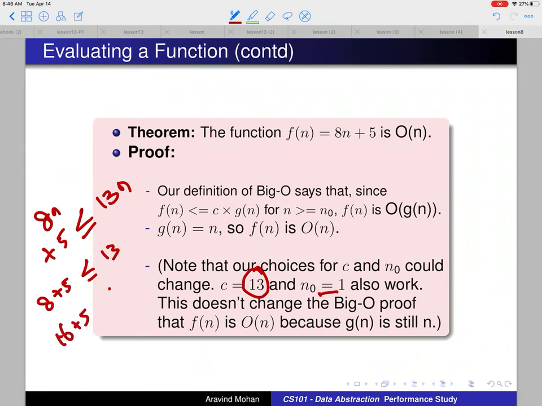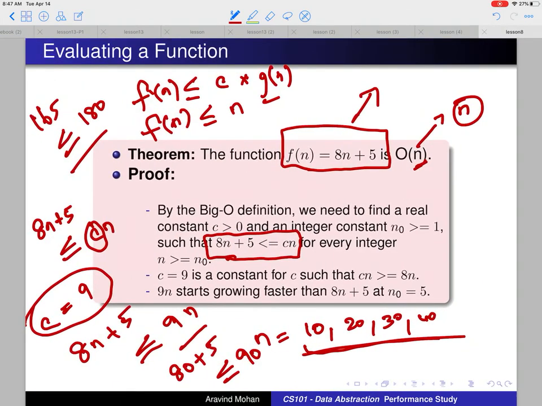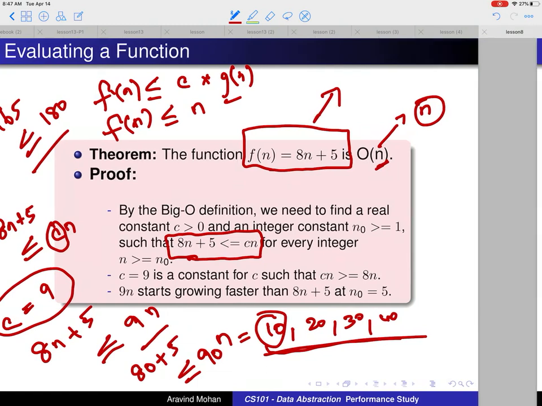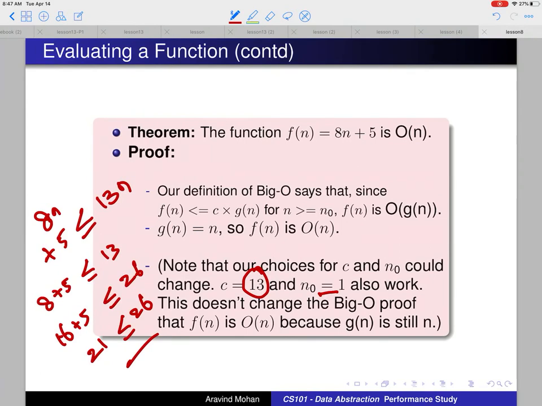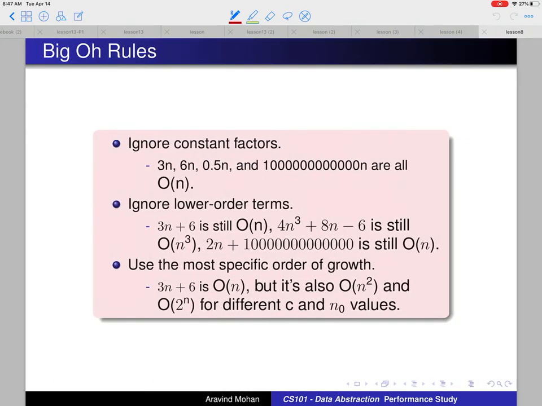And then if I substitute n as 2, then it will be 16 plus 5 is less than equal to 26, and that's proven as well, right? So we could simply choose a value for c and n naught, and we could do that substitution, right? In this case, we have chosen n naught as 10, but you could choose any value for c, and we need to prove that if it is still true, if it is still big O of n, right?